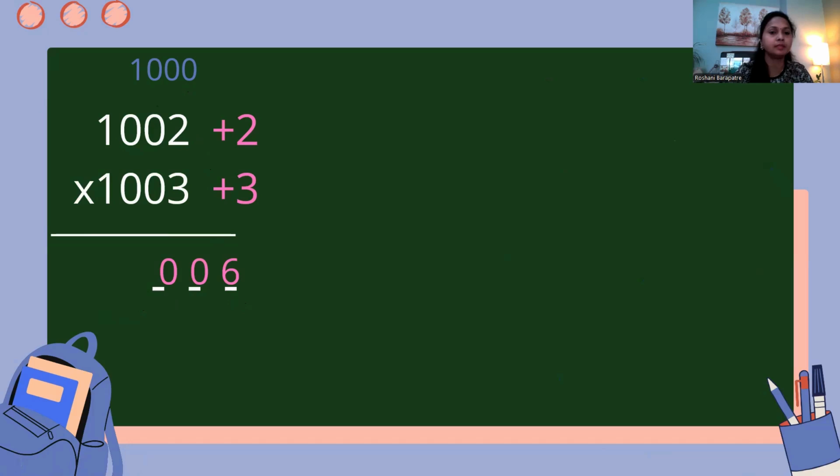Then multiply the differences: 2 3s are 6 right here, and fill the remaining places with 0. Then cross answer. Here plus is here, so we will add the numbers. 1002 plus 3 is 1005. And this will be our final answer. See how quickly we can get the answer with the Vedic math method.